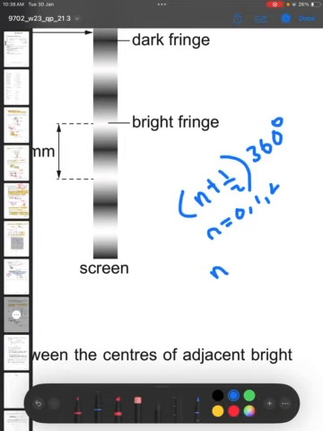But in phase, where there's a bright fringe, the phase difference will be n times 360 degrees, and n starts from 0, 1, 2, continuously like that.